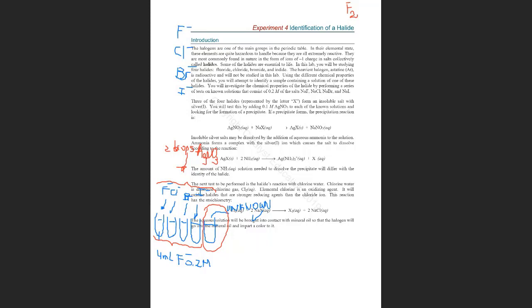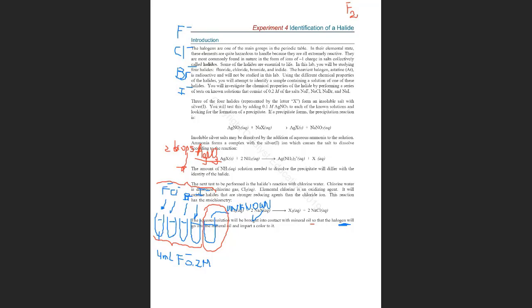So in this case, silver nitrate is a solution. So we are going to add 2 drops of 0.1 molar silver nitrate to each of the 5 tubes. And what is going to happen? Here it says aqueous. So silver nitrate, like it's a liquid, a clear solution, you add it when it says sodium X. X can be either of the 4 halides.